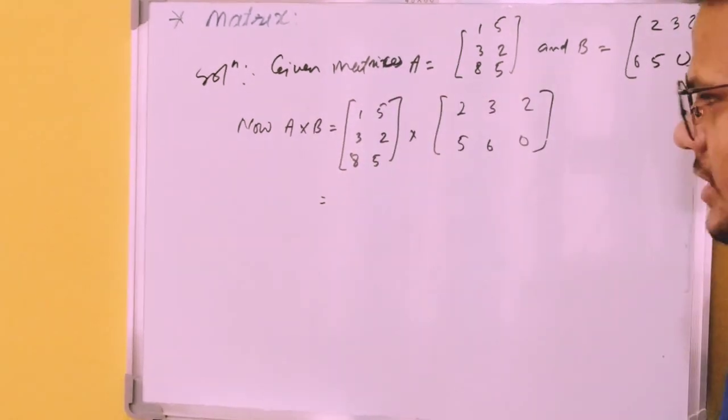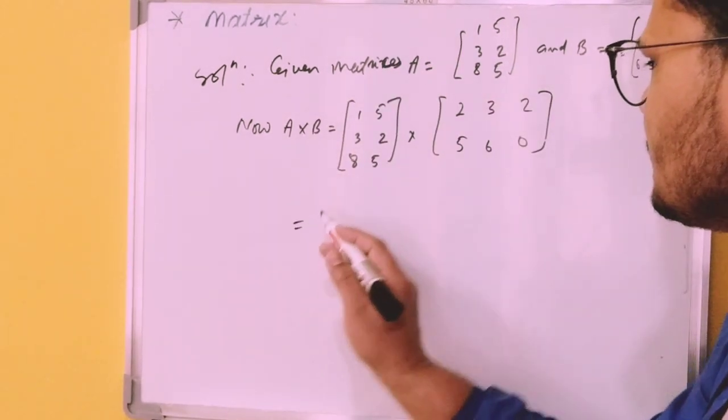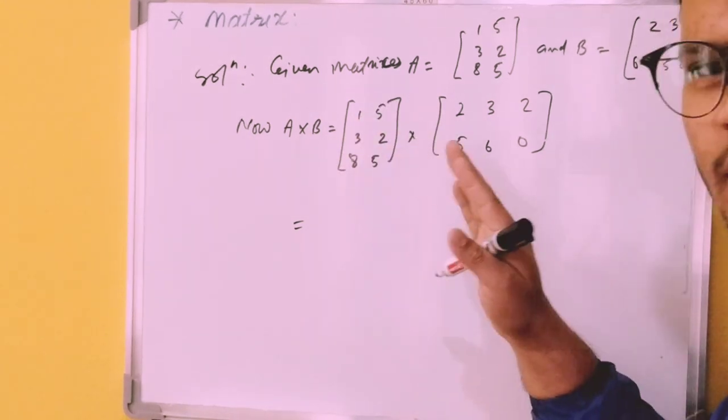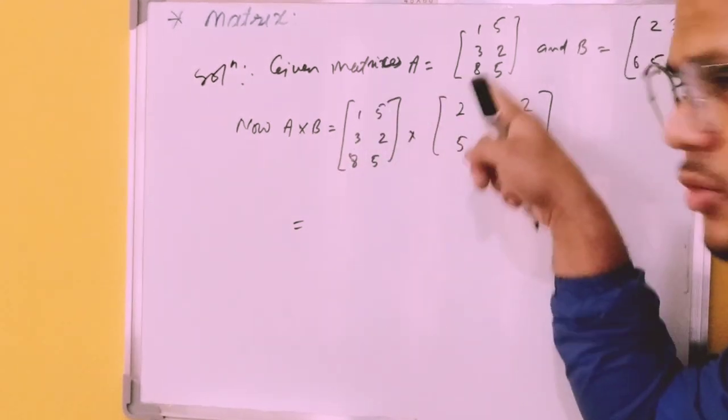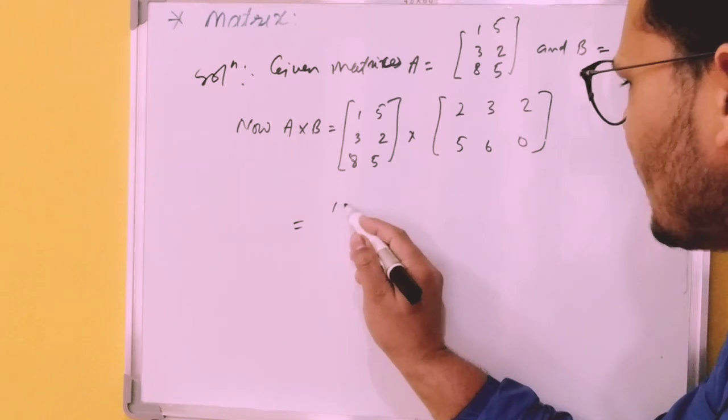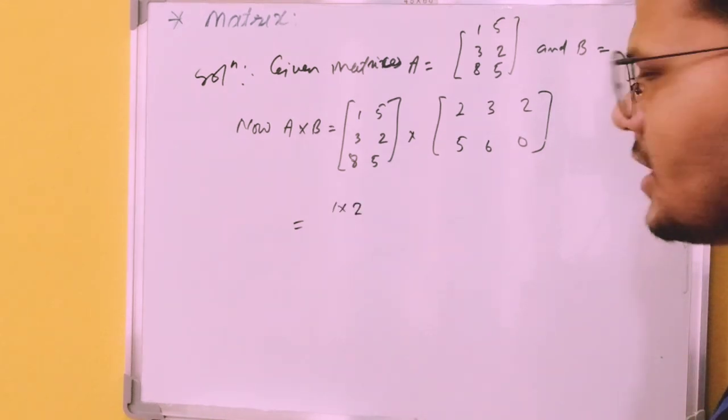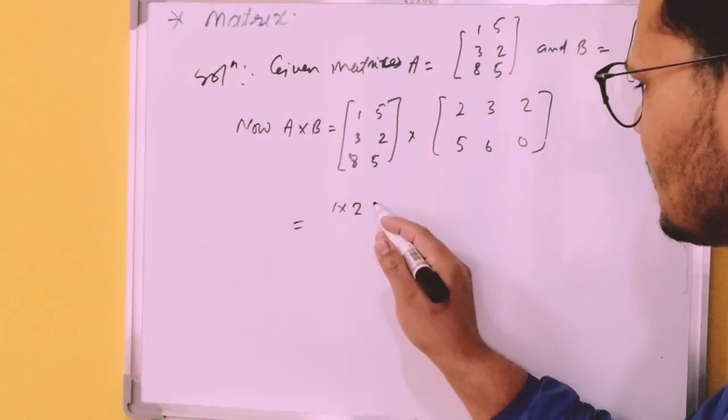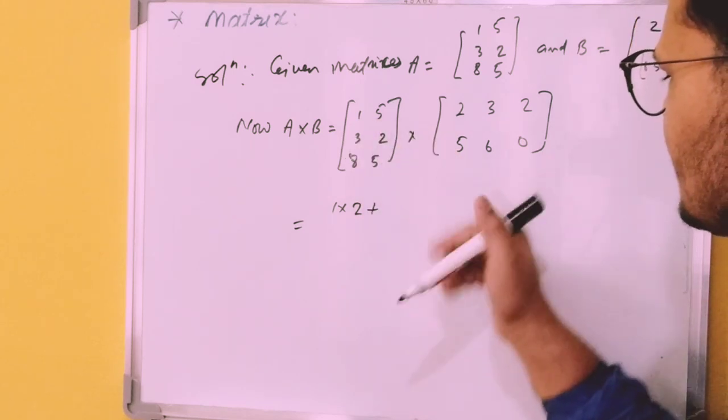Okay, let us do that one. It is equal to 1 into 2, position wise, and we have to add that one, plus 5 into 5.